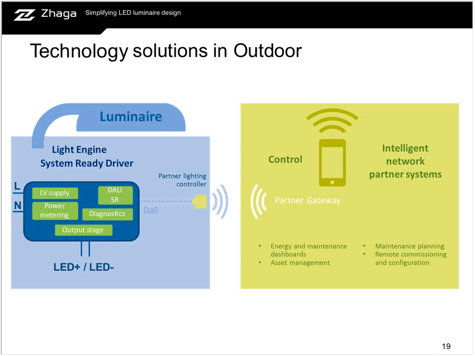So this makes clear that there is a clear split of responsibility between the network partners on the one hand, and on the other side we have the luminaire OEMs, which now have an easy design-in option with this SR driver concept, and the partner light controllers that can also be provided by different players. Also, that will enable a new ecosystem around this SR interface.